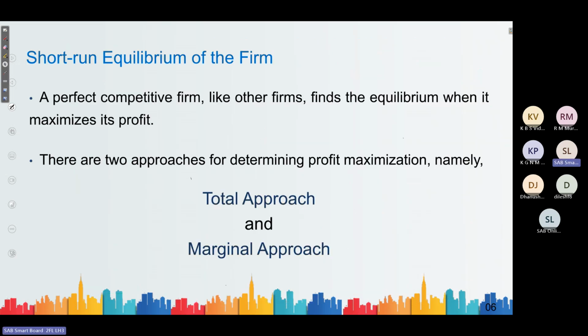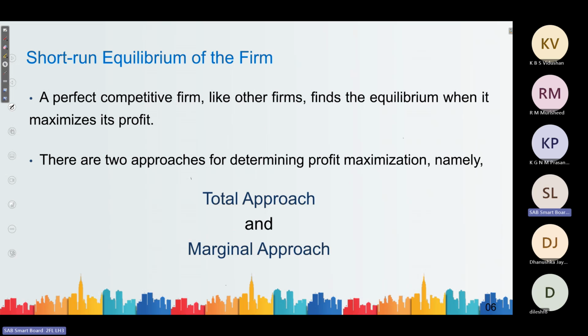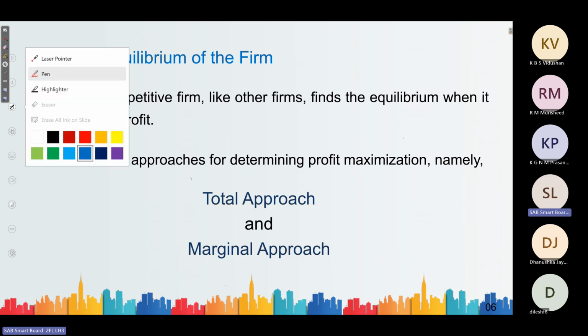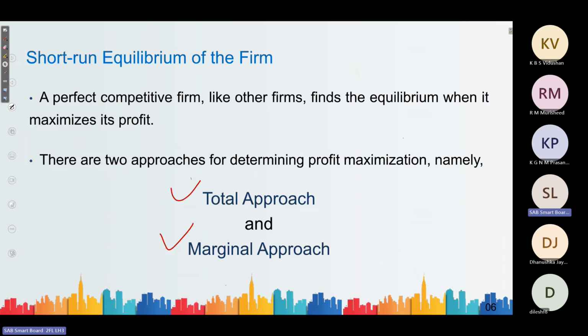Short-run equilibrium. At the end of the previous session, we discussed profit maximization under two approaches, total approach and marginal approach. When I was finishing that session, I told you that all those concepts we discussed related to a perfectly competitive firm.